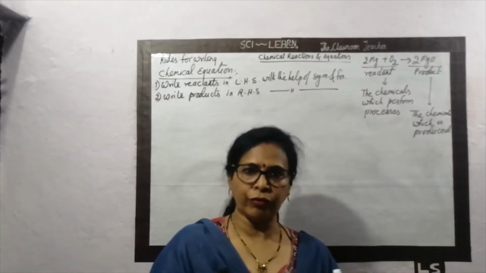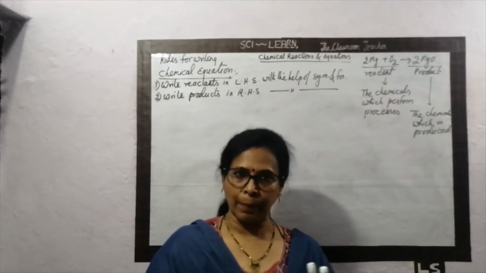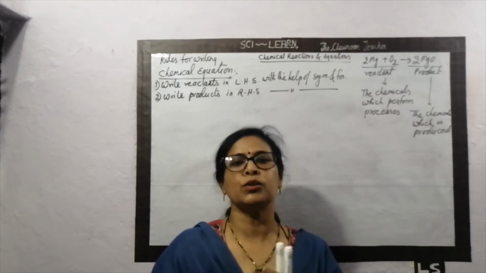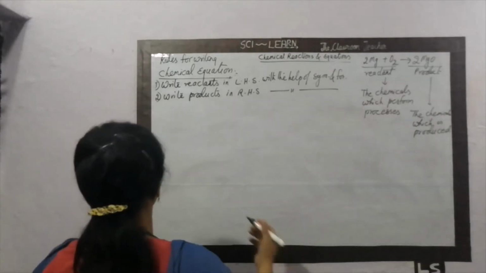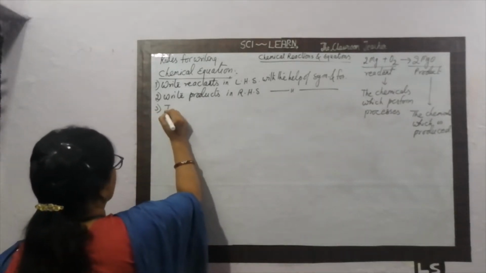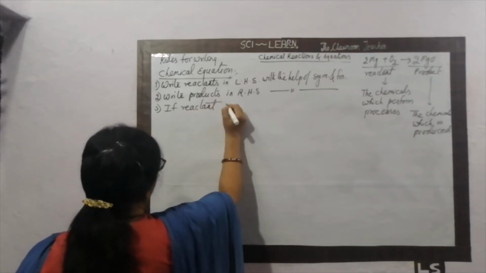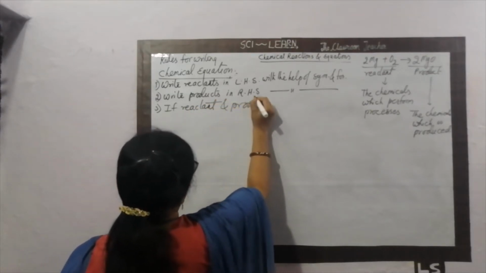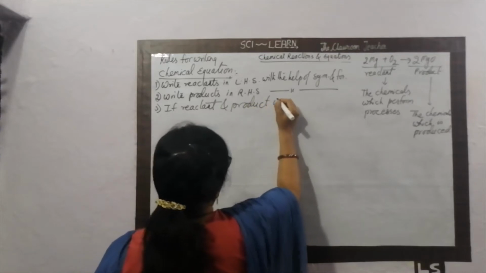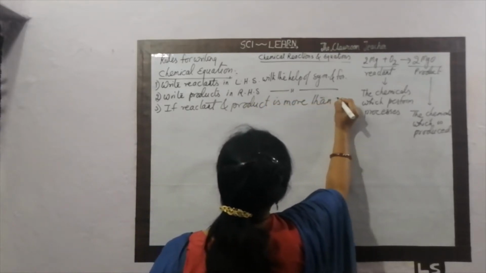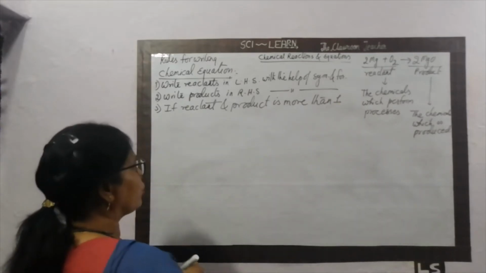But it often happens that the reactant or product is more than one. If the reactant and product are more than one, then what do you have to do?